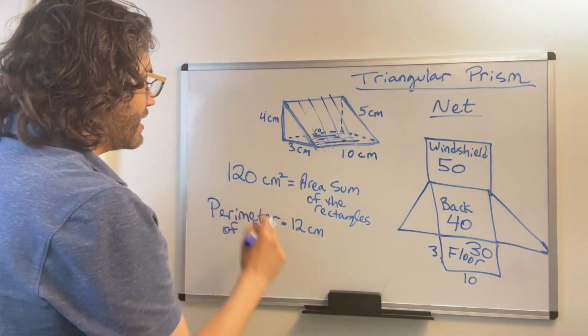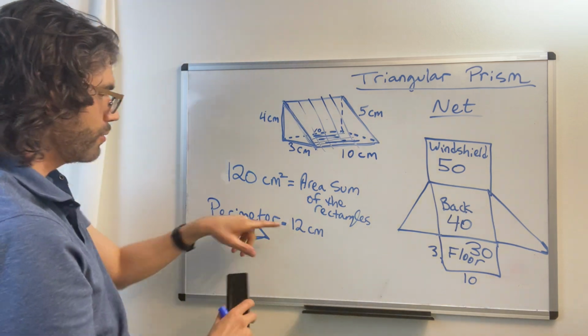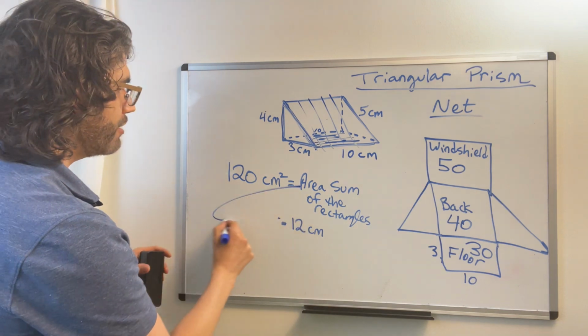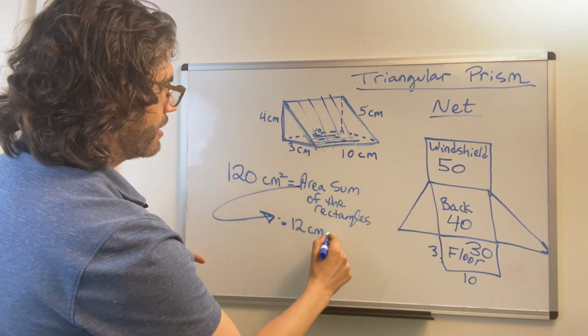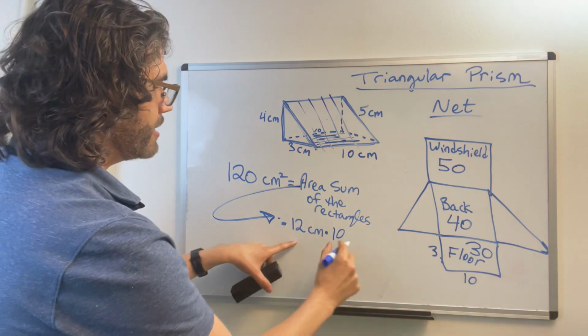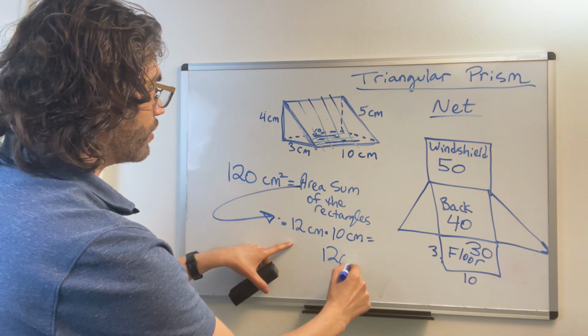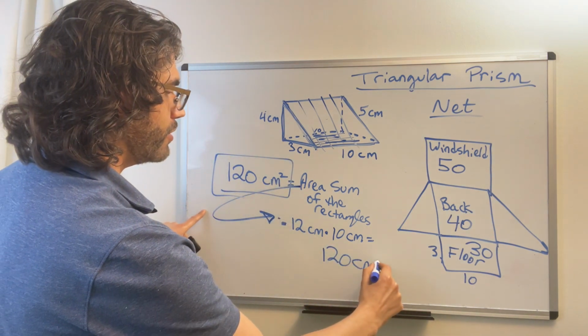So you would need to find the perimeter, which is 12, and then the area, the sum area of all the rectangles, would be 12, the perimeter, times 10. So 12 centimeters times 10 centimeters equals 120 centimeters squared. 120 centimeters squared.